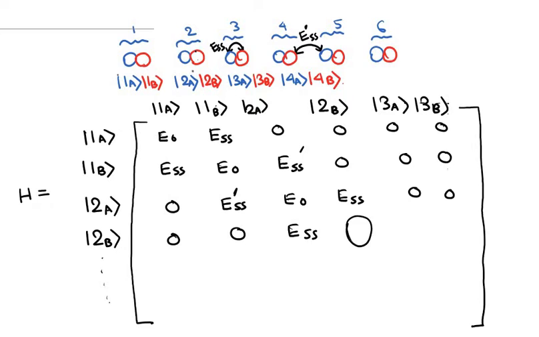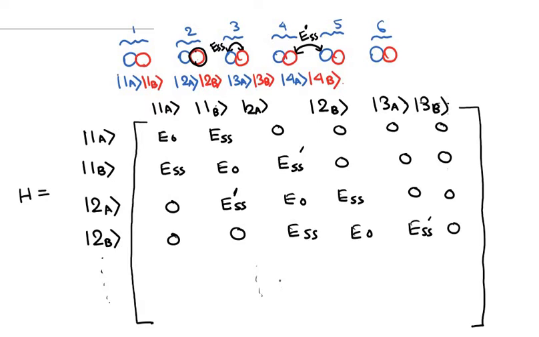This one is the coupling of the wave function of this atom with itself, so this is E0. Then this element represents the coupling of this atom with this atom over here, so this is ESS dash, 0. And likewise we can continue this matrix.